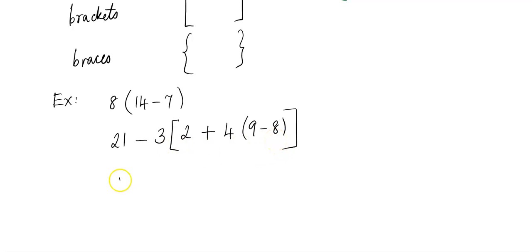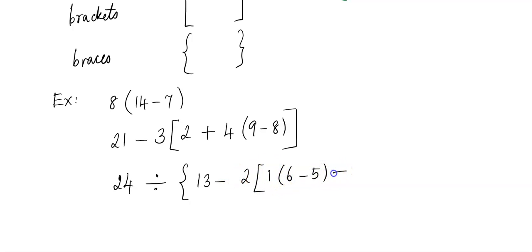And you could also have something as complex as this. Look at that. So 24 divided by and this expression. So you can't divide the 24 yet until you took care of all these nested parentheses.